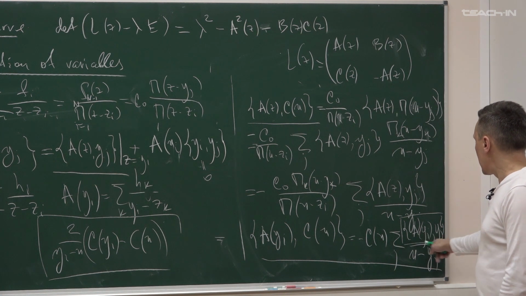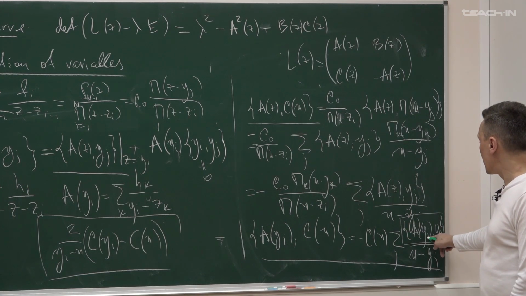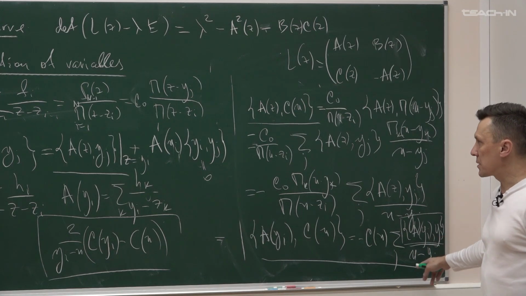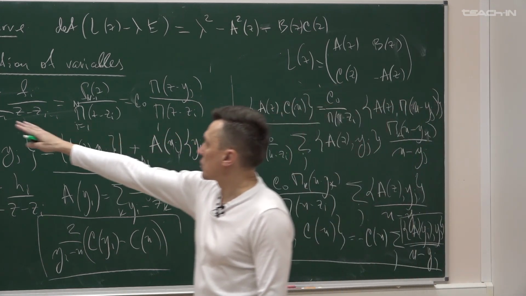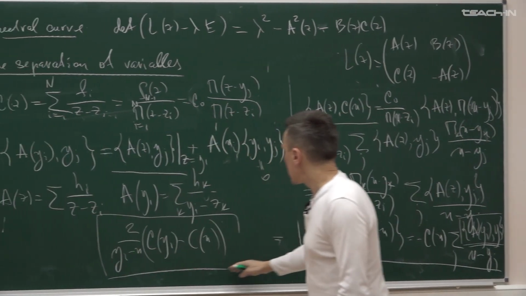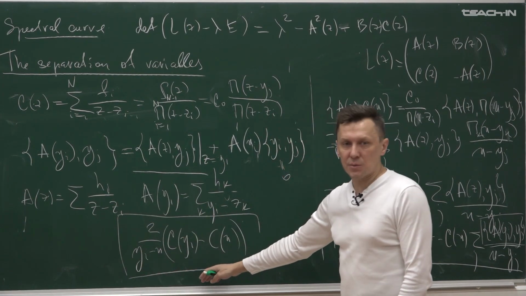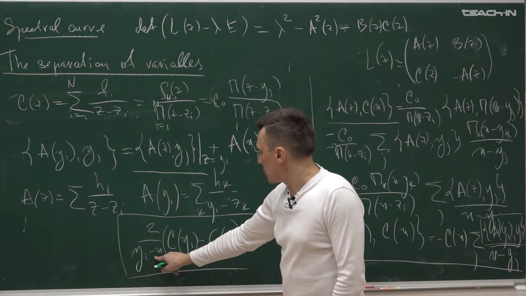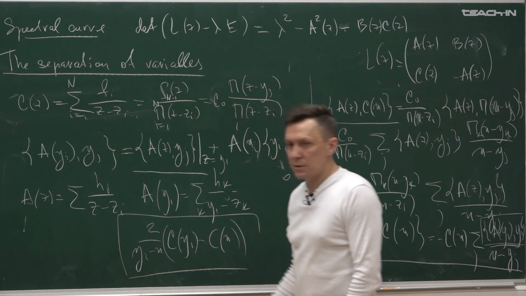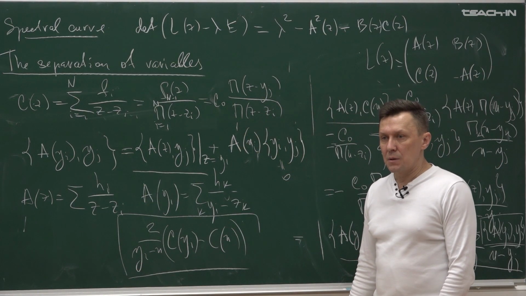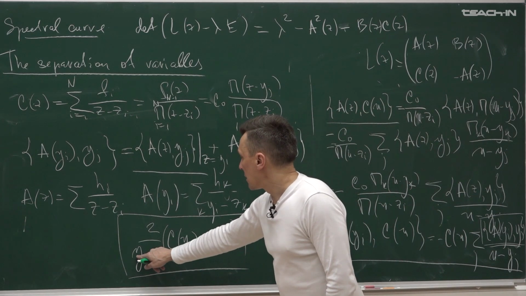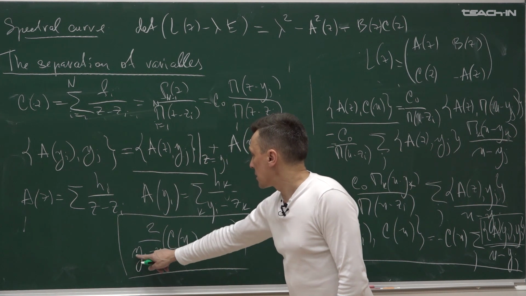You see, this residue is exactly the value of this bracket which we calculate. But from this formula, we know that this expression is the same as this expression, and it has residue only at y_i. It doesn't have residues in other points y.